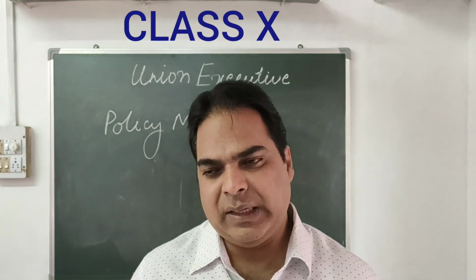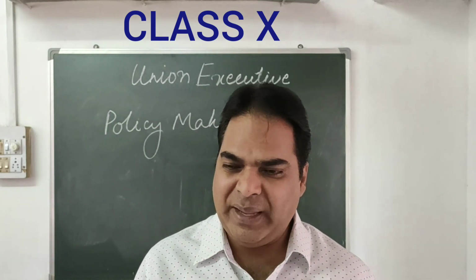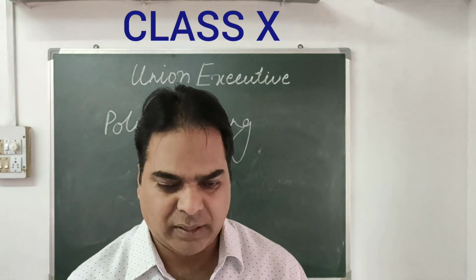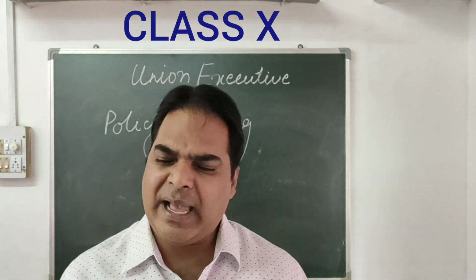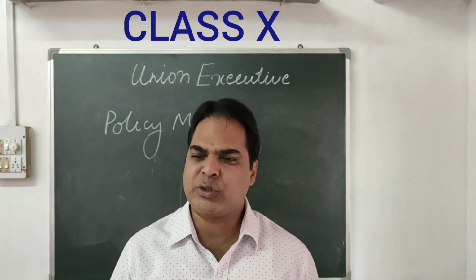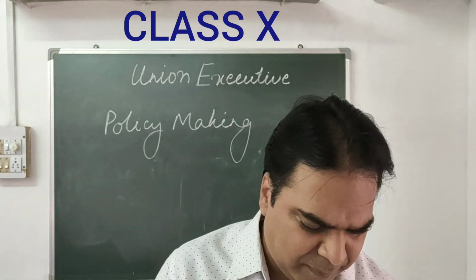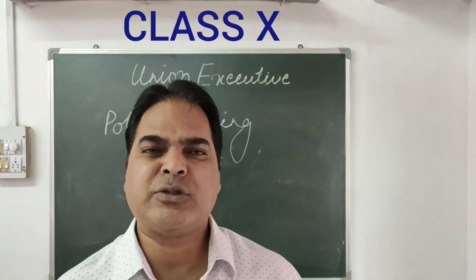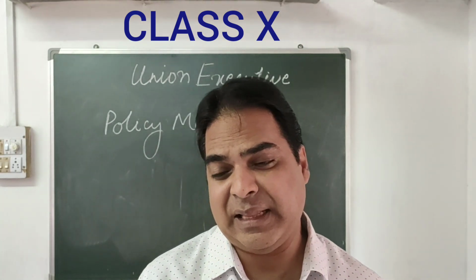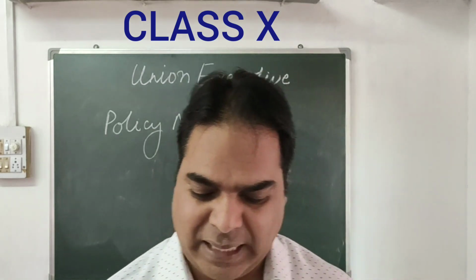That is why the policies which are to be made or implemented have to be done in a coordinated manner. Apart from administration, foreign policy is also decided by the Prime Minister and the Council of Ministers or the Cabinet Ministers.